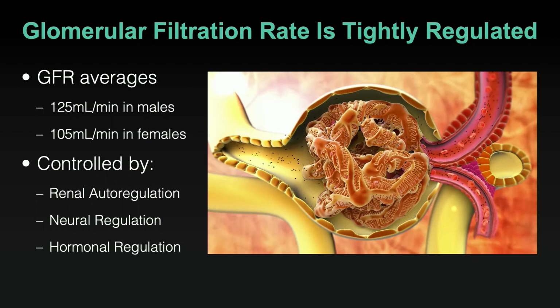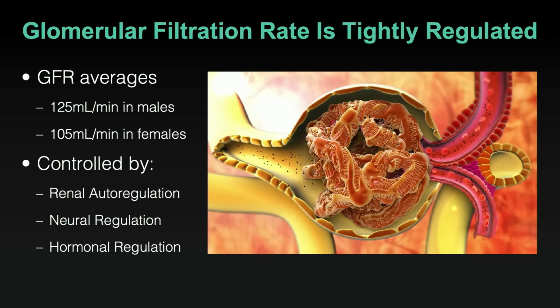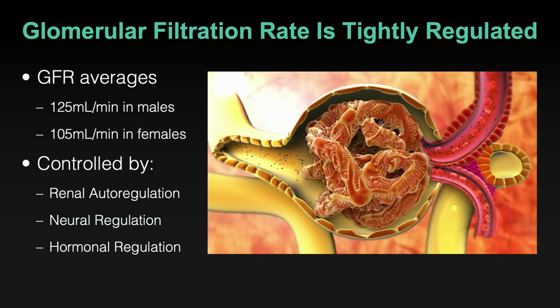Now I'm going to replay a quick portion of the video for you, but I want you to understand that filtration rate is proportional to net filtration pressure, or it's proportional to blood pressure. That's the thing we're regulating, okay?